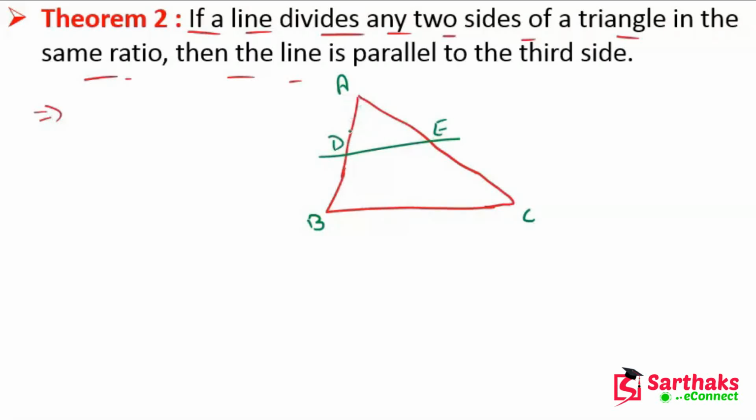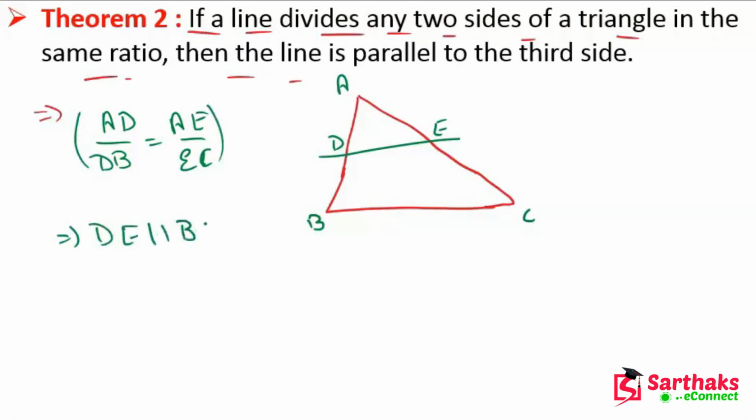If it divides the other two sides in the same ratio, that AD upon DB is equal to AE upon EC, then in this condition, which is given, DE is always parallel to BC. So we have to prove this statement. How can we prove it? Let's do that.